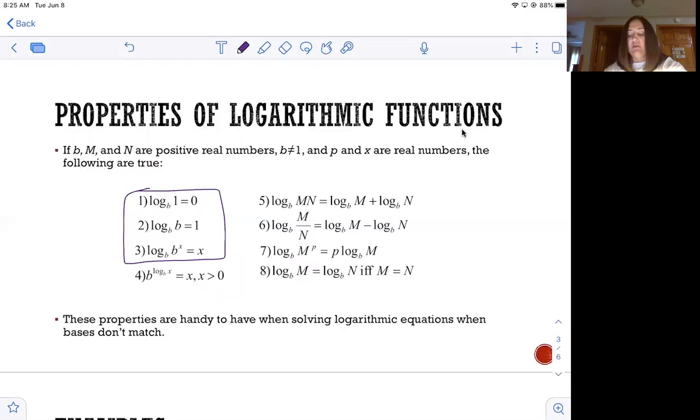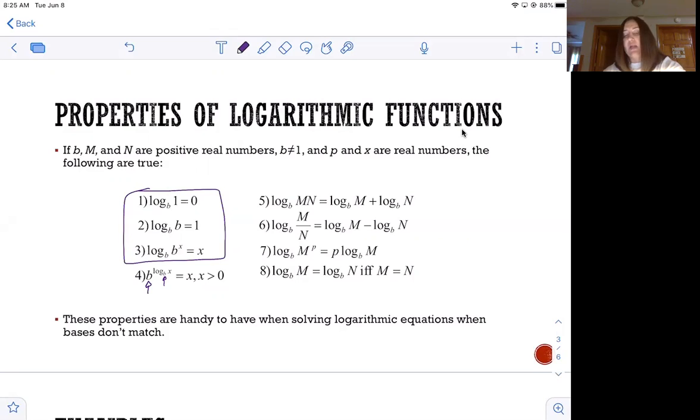Same thing with the next one, log base b of b to the x is going to be equivalent to x. Now, the third one kind of goes with the fourth one. When the base is the same as the base of the logarithm, and that logarithm is in the exponent, they kind of cancel each other out. So then your answer is just x.